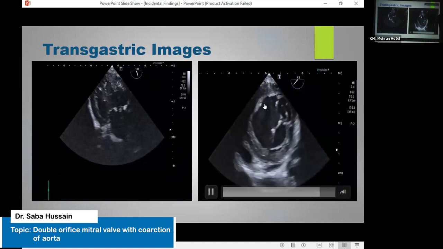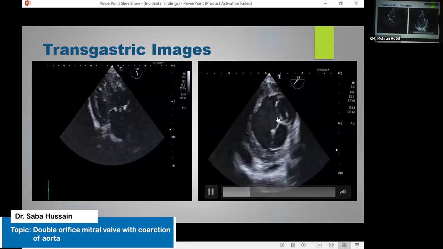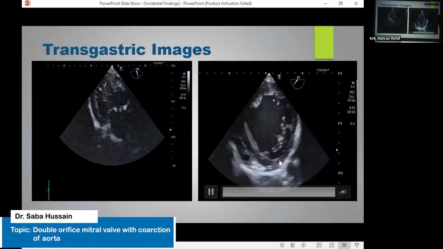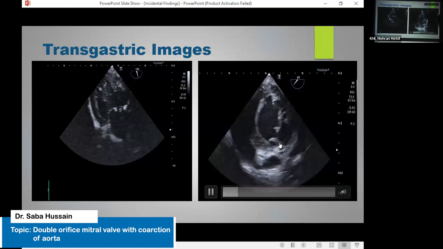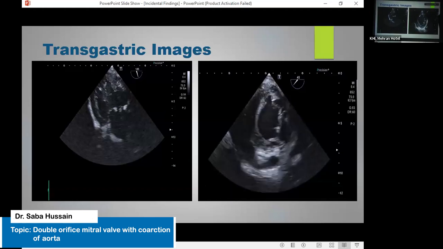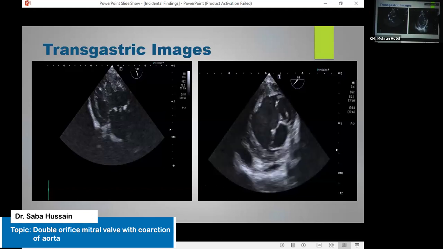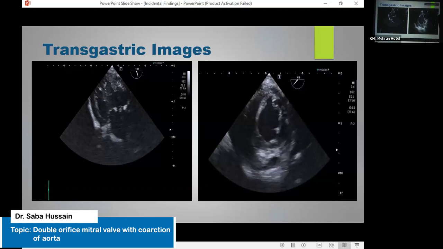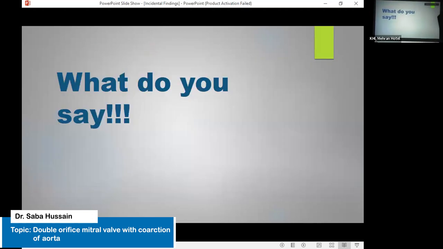If you can see in the short axis again, there is also a fibrous ridge separating the true mitral orifice into two orifices, anterior and posterior. Even after that, just to make sure, we took an expert opinion from our head of department of cardiology. And with the joint decision, we concluded this patient to have a bicuspid aortic valve, a double orifice mitral valve with coarctation of aorta.